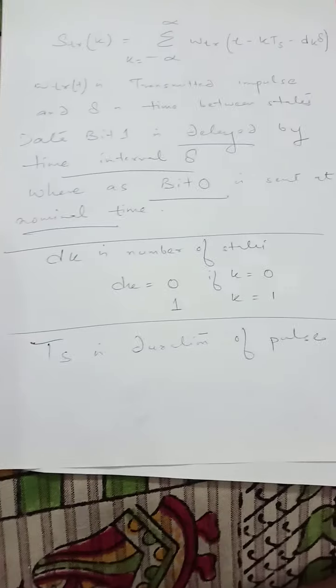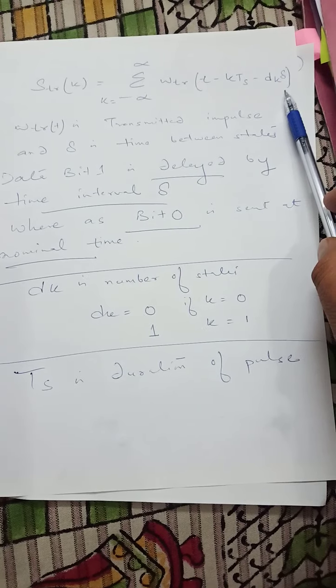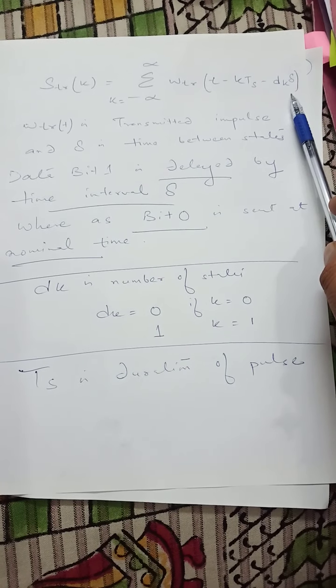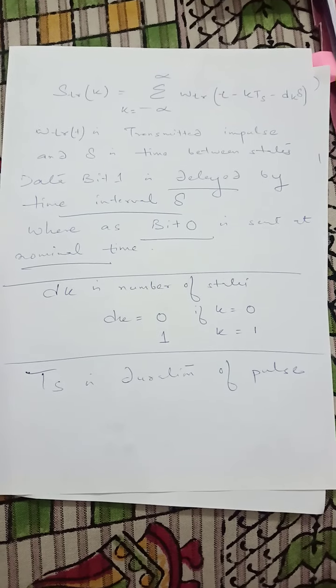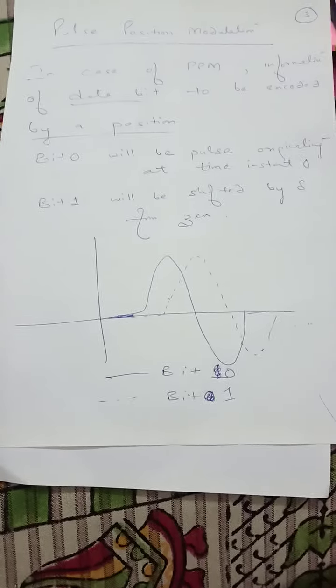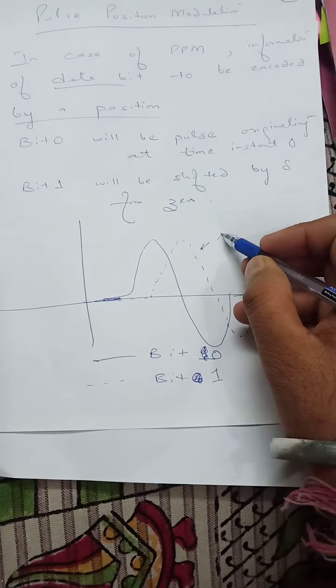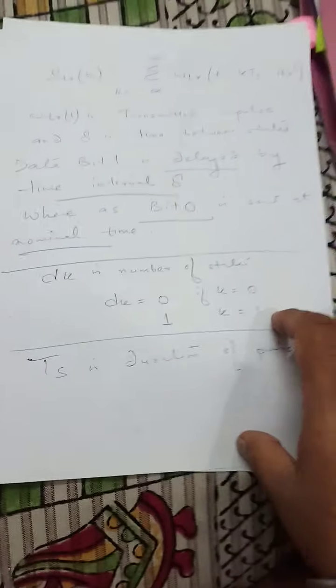So when we take this equation into account, we can simply see that d_k and delta will decide the shift of time. That is, if the value of d_k is equal to 1 for impulse 1, there will be a shift. Therefore, we can easily see that there is a shift of time interval for bit impulse 1 in comparison to 0. So this is pulse position modulation.